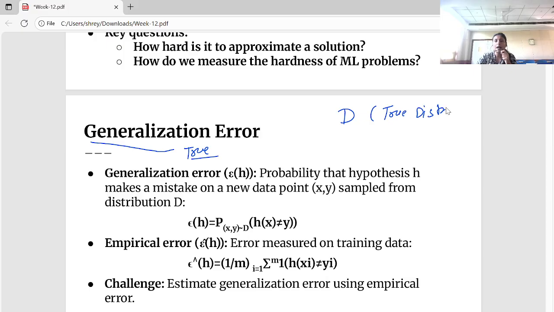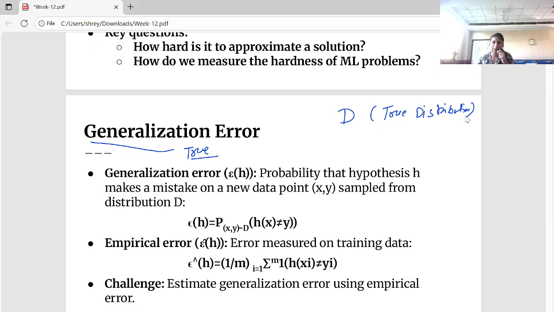Let's say I have a problem to identify human faces. Human faces come from some distribution, which has one nose, two eyes. The statistical parameters of this distribution are not known. We cannot know that. Obviously, we don't have any idea of the true distribution which can represent a human face, because all over the world there can be multiple variations of human faces, and you cannot collect that data.